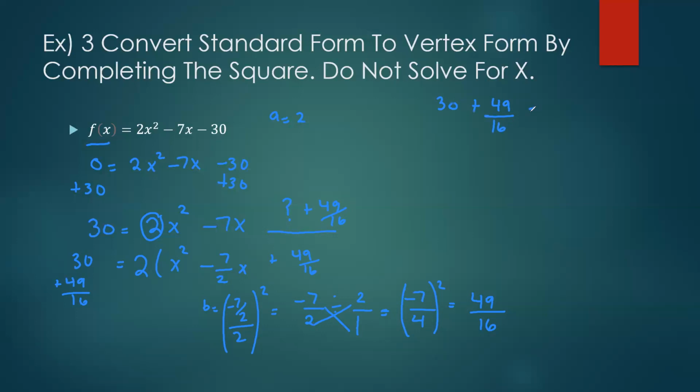And then on the right side, you took out a 2, so this would be x squared minus 7/2 x plus 49 over 16. Okay. So let's simplify the left.